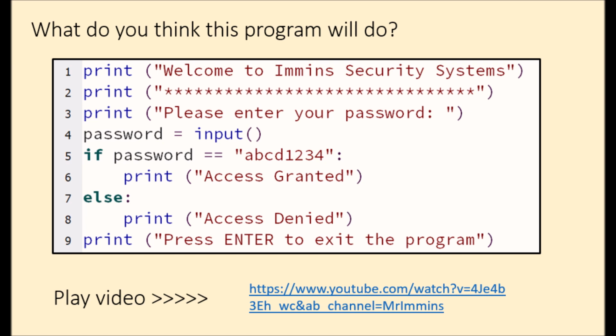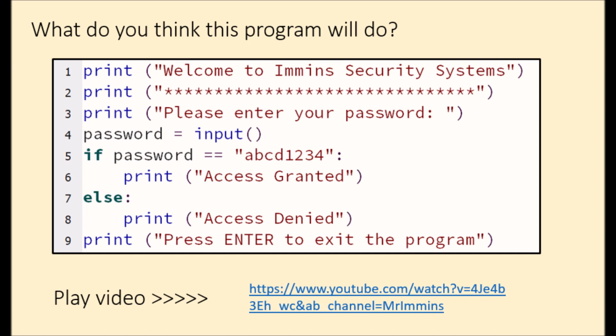So let's see what this program is actually going to do. If we type in password ABCD1234, that means the condition has been met, because our condition on line 5 is if password is equal to ABCD1234, then line 6 print access granted will actually run.